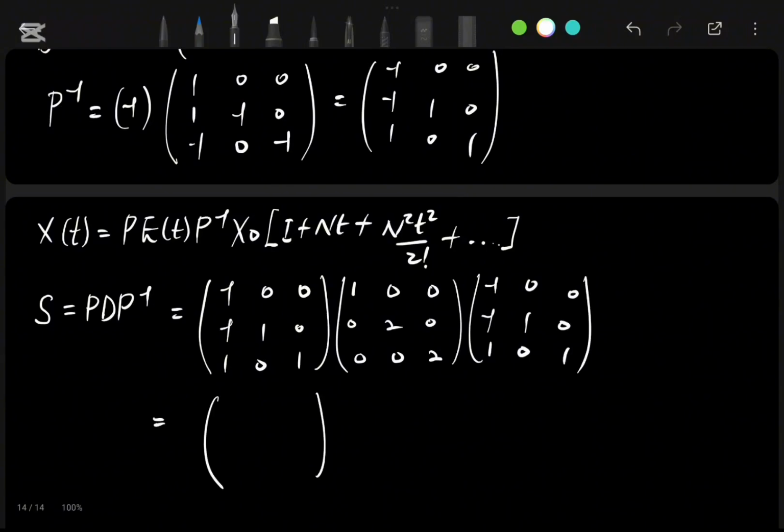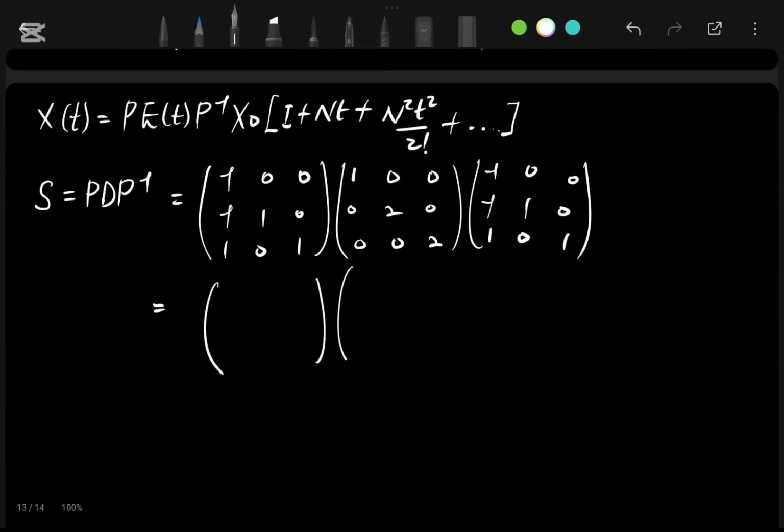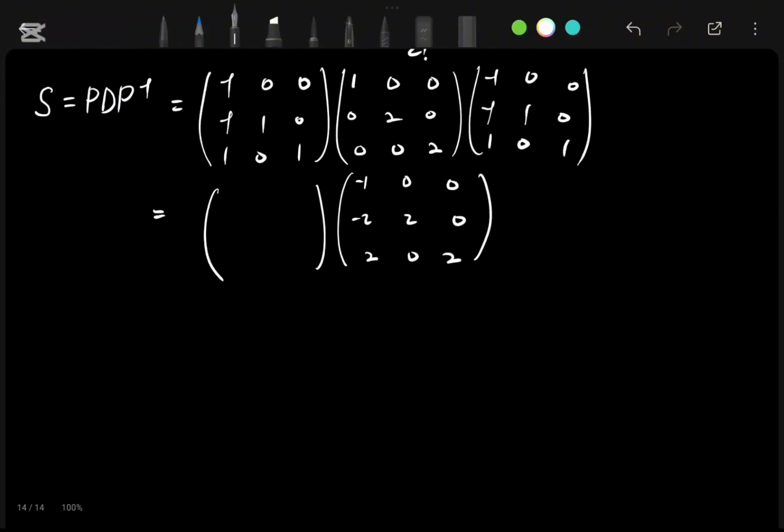The value here is multiplied by minus 1, 0, 0, minus 2, 2, 0, 2, 0, 2. So we have minus 1, 1, 0, 1, 0, 0, 0, 1. S.